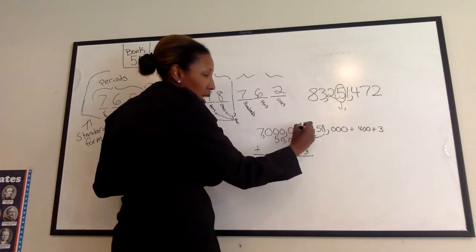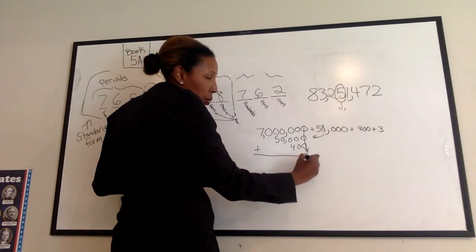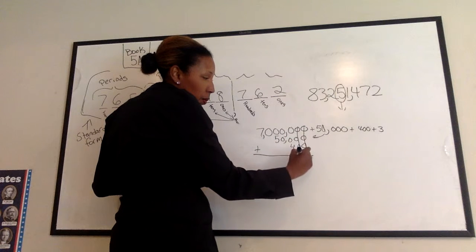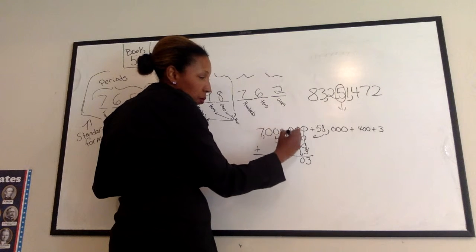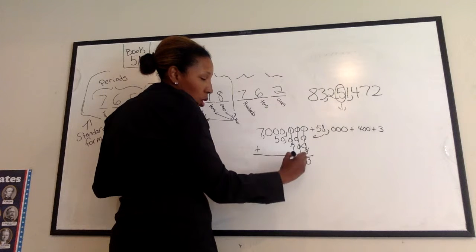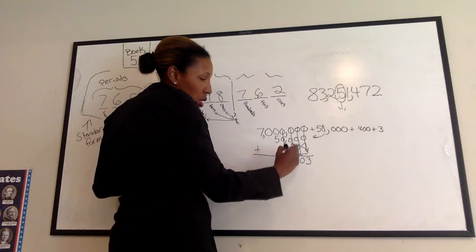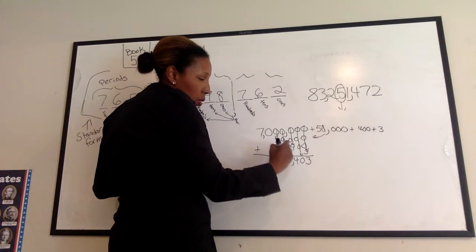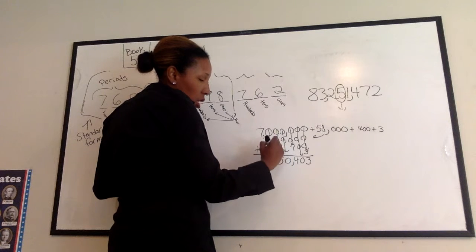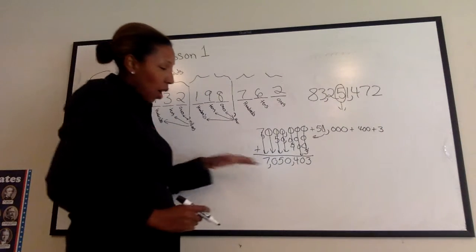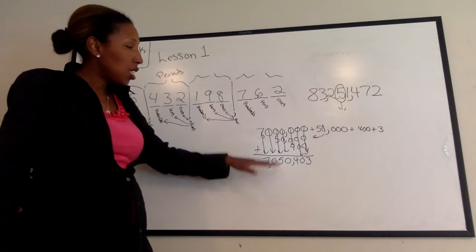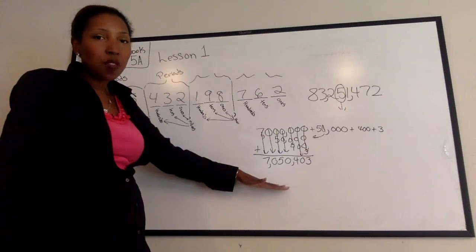Now, when I add it, 3, 0, 4, 0, 5, 0, 7. So that would be my answer. Notice I drew lines to help keep myself organized.